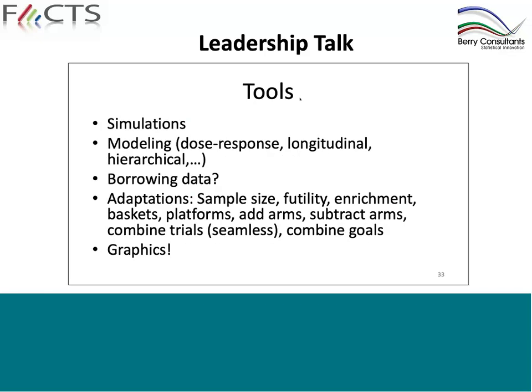Now, we have tools that we can answer questions in their language. We have simulations, we have facts. We have modeling within that, longitudinal model, dose-response modeling. We can borrow data, we can incorporate that. We can do adaptations in our trial designs that better answer the harder questions that they really have.